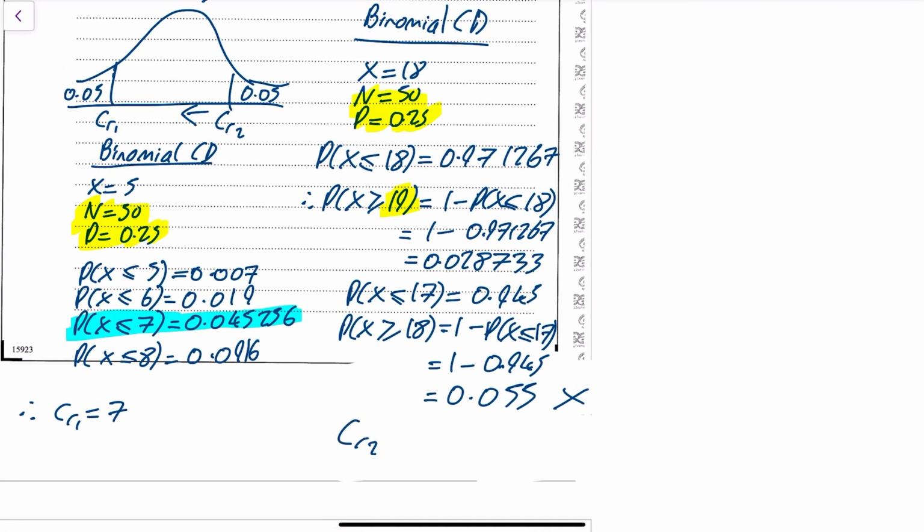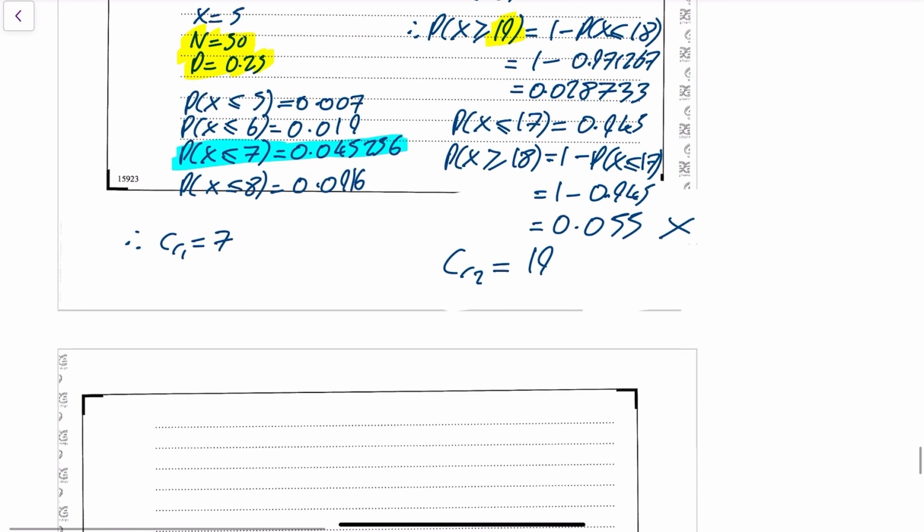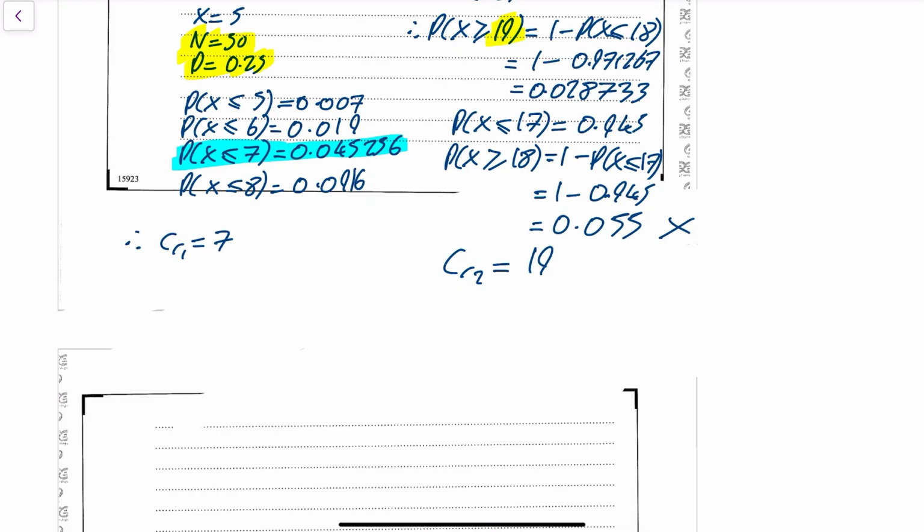So your CR2 is equal to 19. Overall, then, your critical region is x is less than or equal to 7, or x is greater than or equal to 19.